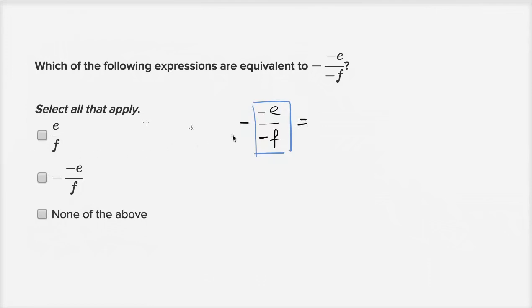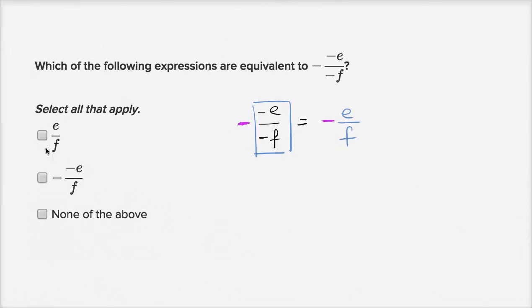Negative, and let me do this in a different color, let me do this in purple. So we have that purple negative right over there. And negative e over negative f, we've already talked about this multiple times. Negative divided by negative is a positive. That's the same thing as positive e over f. So this whole thing will simplify to negative e over f.